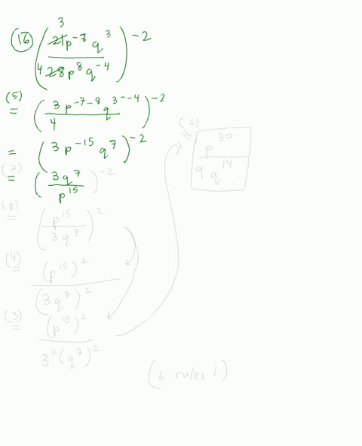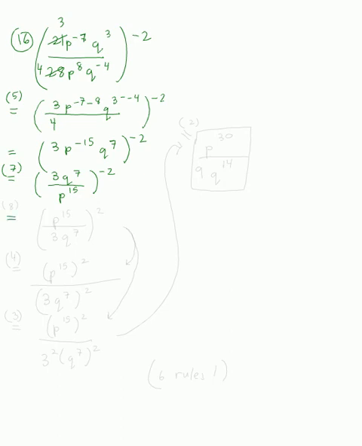Notice I've moved p to the 15th to the bottom. That's all I've done here. What rule is this? Well, you could call it rule number 6. You could also call it rule 7, depending on how you look at it. Why don't I just call it rule 7, since I have not done that yet? Rule 7 basically says you can move negative powers to the other side.